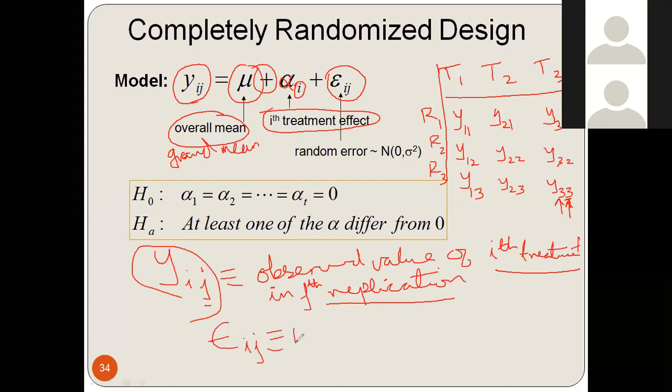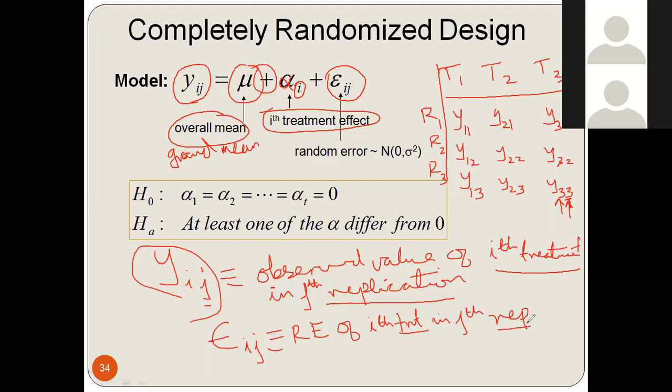Random error of the ith treatment in the jth replicate. Hereafter, I will write treatment as TRT and replicate as REP. So Eij means random error of the ith treatment in the jth replicate.